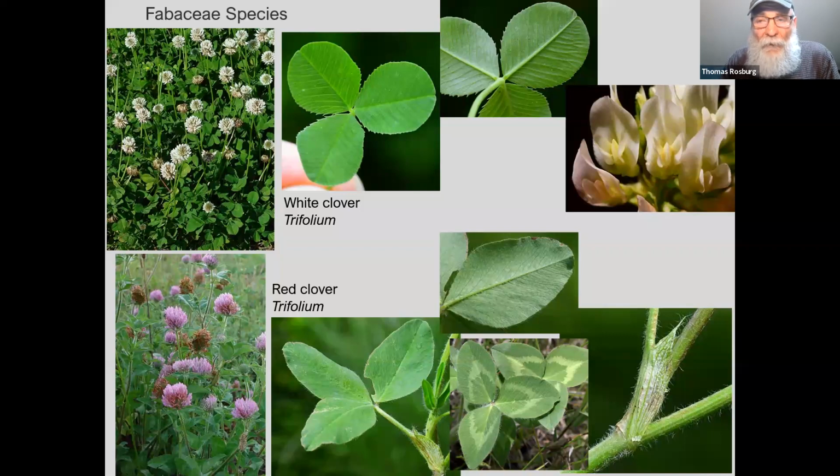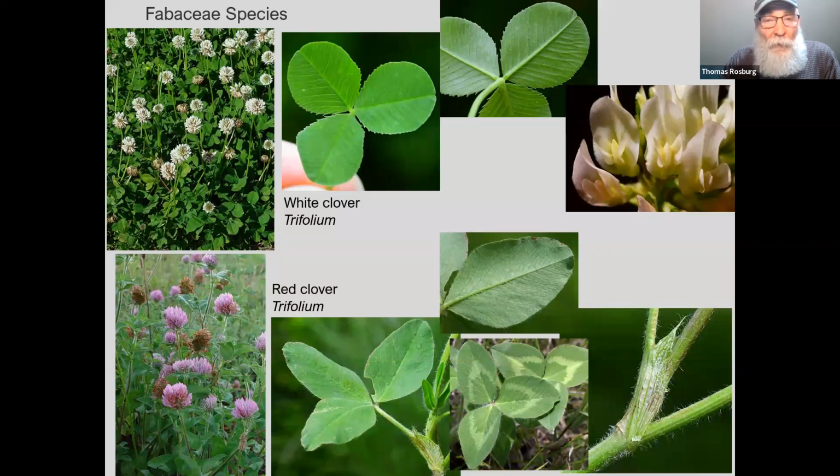So again, here we have a palmately trifoliate leaf. And again, with white clover, the leaflets are pretty orbicular, pretty much circular. They can be somewhat suborbicular. They can be a little bit more like red clover. In other words, just a little bit more orbiculate to elliptic or so in shape, or obovate.